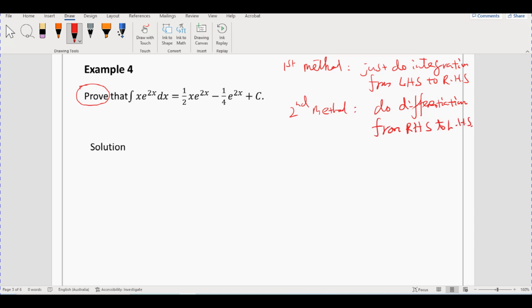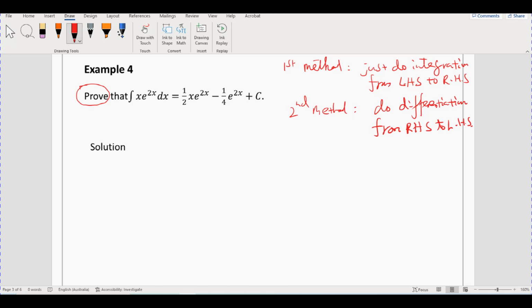Okay, so let's have a guess. What is actually the intention of this question? Do they really want you to do the integration, or do they just want you to show your understanding of the relationship between integration and differentiation?